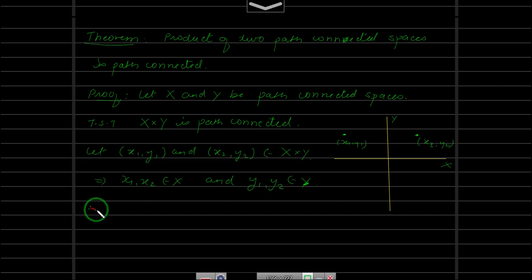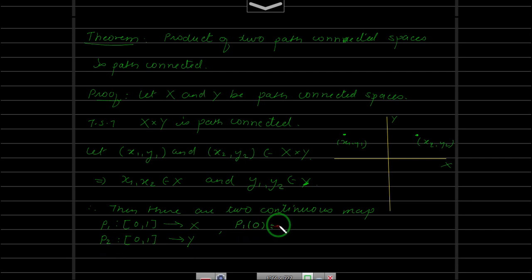Therefore there are two continuous maps, p1 from closed interval 0,1 to x, and another function p2 from closed interval 0,1 to y, with p1 of 0 equal to x1, p1 of 1 equal to x2, p2 of 0 equal to y1, and p2 of 1 equal to y2.